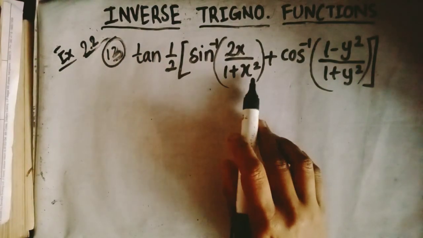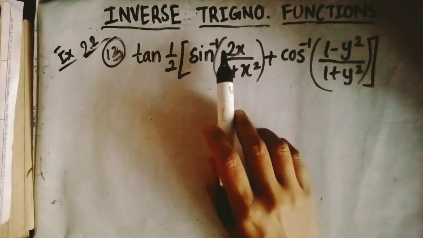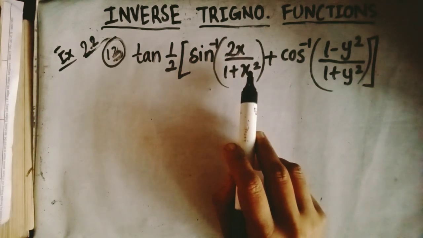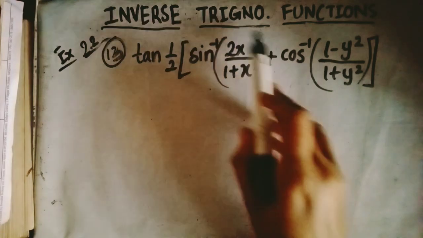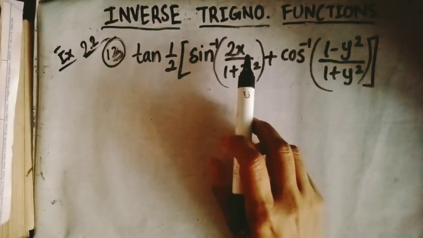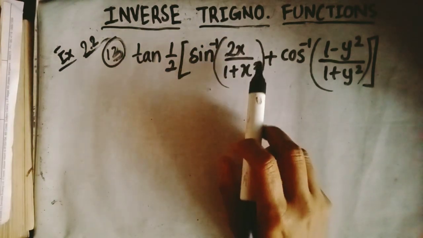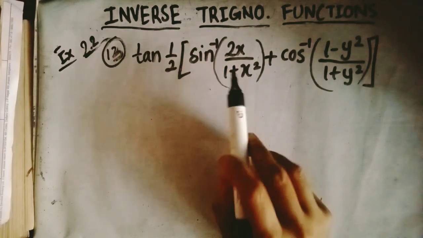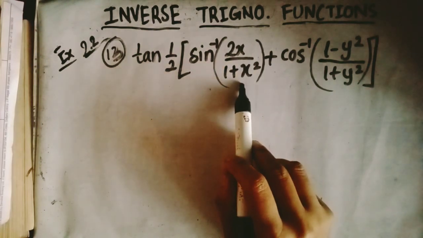Here we have given sine inverse 2x upon 1 plus x square. Looking at this, we know that this x will be our tan theta, because this will come in the sin 2 theta form, right? Because we have done one property based on this.